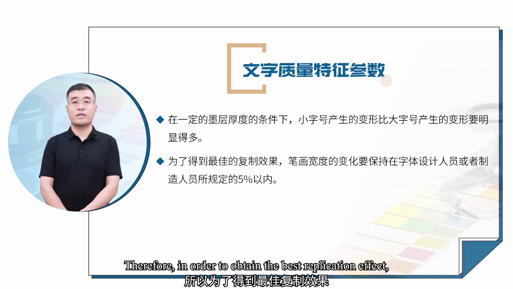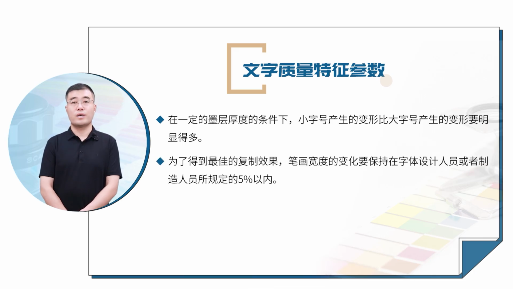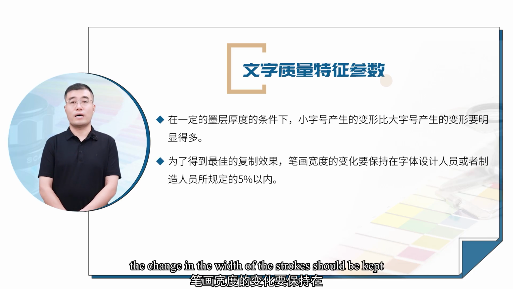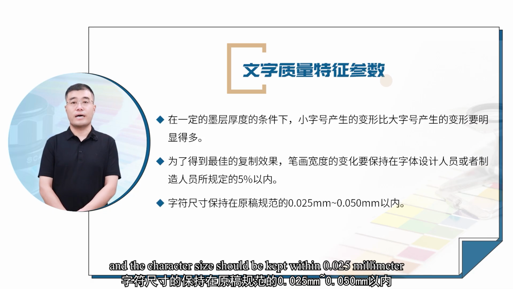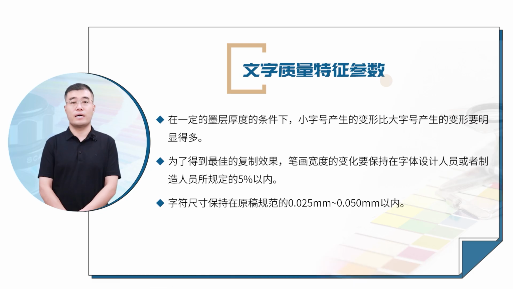Therefore, in order to obtain the best replication effect, the change in the width of the strokes should be kept within 5% of the range specified by the font designer or manufacturer, and the character size should be kept within 0.025 mm to 0.05 mm of the specification of the original manuscript.